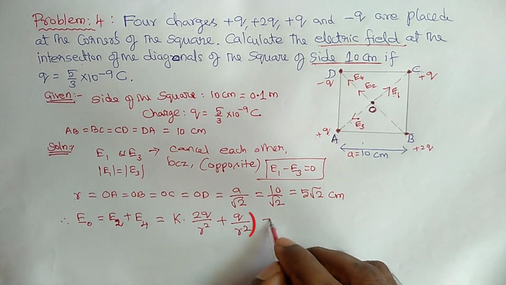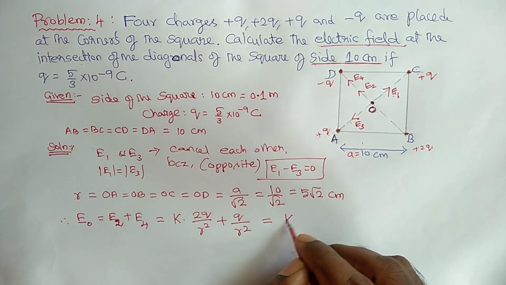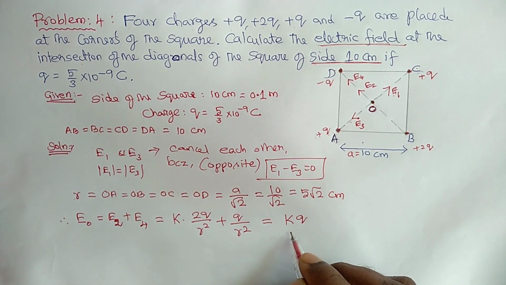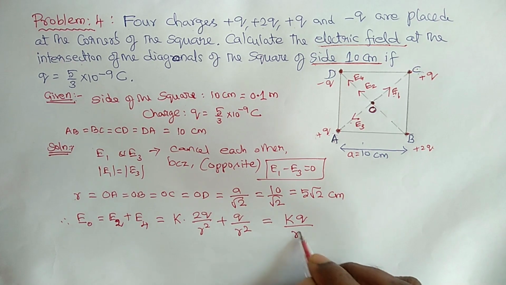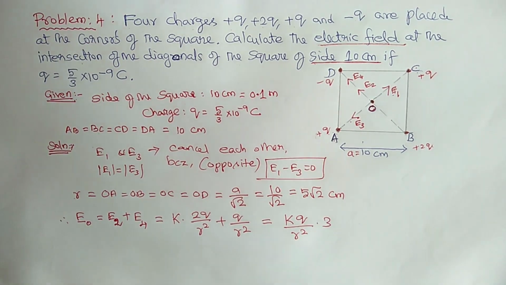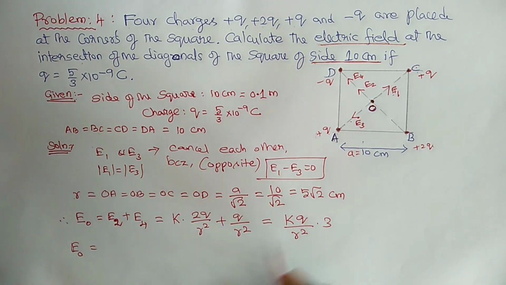What about the common terms from these two? k is common, Q is common, and R square is also common. So remaining 2 plus 1, so 3. So E0 is equal to, what's the value of k?